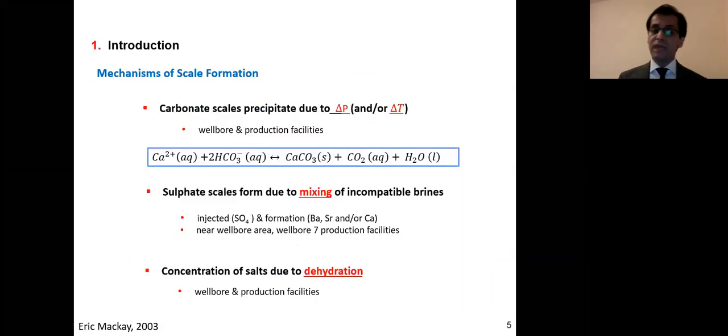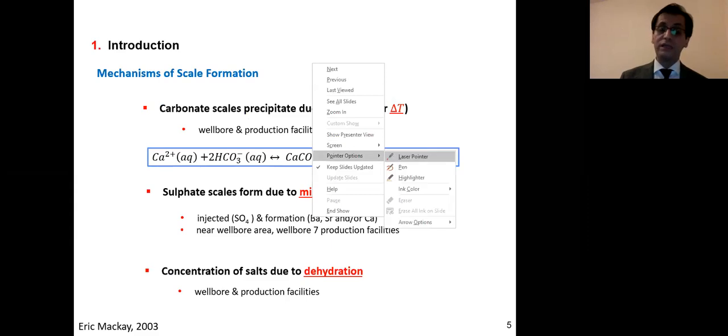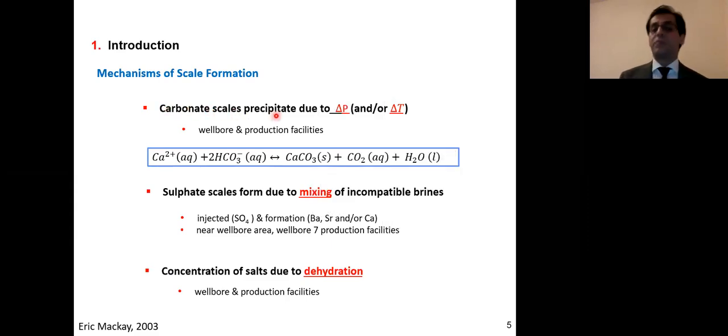So what are the main mechanisms of scale formation? As you can see in the first one, carbonate scales precipitate due to changes in pressure and temperature around the wellbore. This kind of scale forms around the wellbore and production facilities.